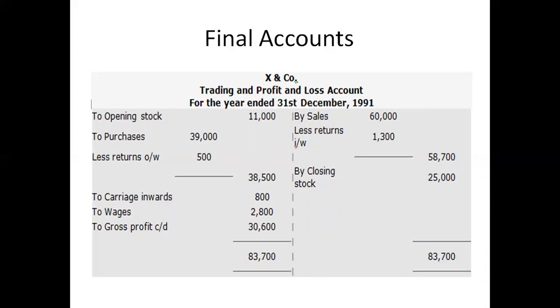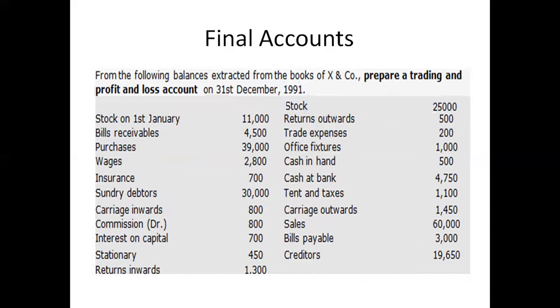Now then we have sales as 60,000, less returns inward, that is sales that were returned. Returns inwards as 1,300, and sales is 60,000, given on the right hand side, just over the bills payable.